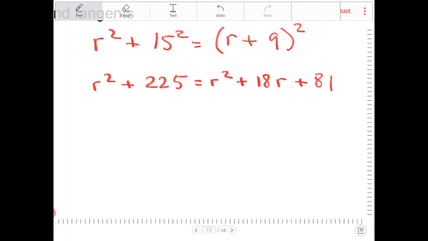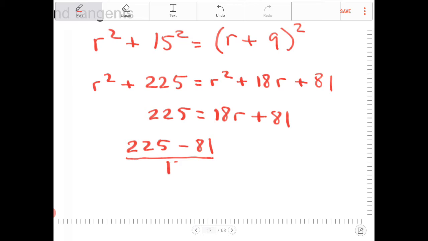Notice now that R squares cancel, because I have both R squares on both sides. So I'm left with 225 is equal to 18R plus 81. What I'm going to do now is subtract both sides by 81 and divide by 18. So 225 minus 81, and then I'm going to divide both sides by 18. I'm going to be left with R is equal to this.